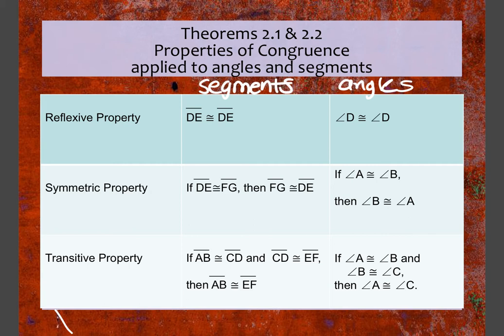In angles, if angle A equals angle B, then angle B equals angle A. We switch the order. And then the transitive property for both are the if-then statements. If AB equals CD and CD equals EF, then we connect the two non-repeating parts, AB equals EF. And for angles, if A equals B and B equals C, then A equals C. Again, take out the repeated part.